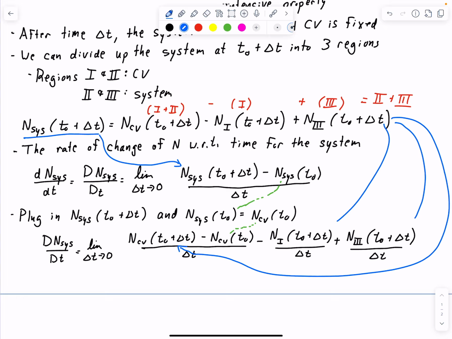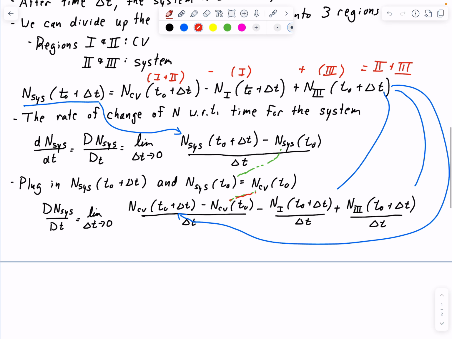So that's where those three terms have come from, and N of the CV at t naught has come from where I've marked in green here. Okay, so we have these three different terms, and we're going to mark those as terms 1, 2, and 3. Okay, and we'll look at those individually.